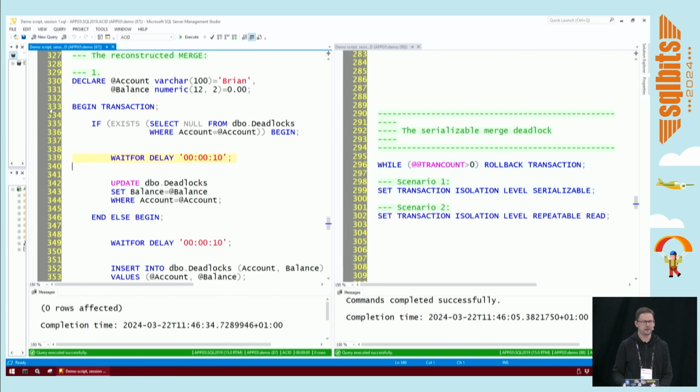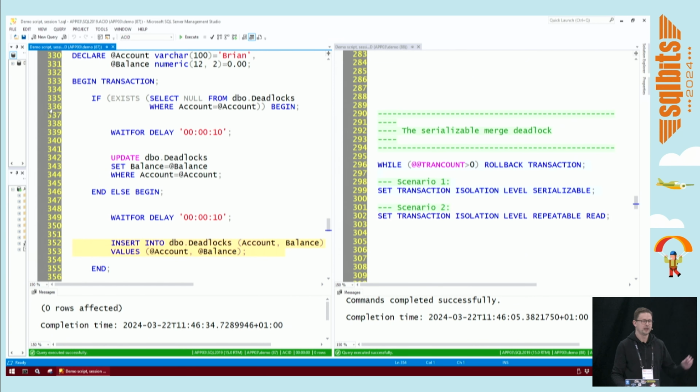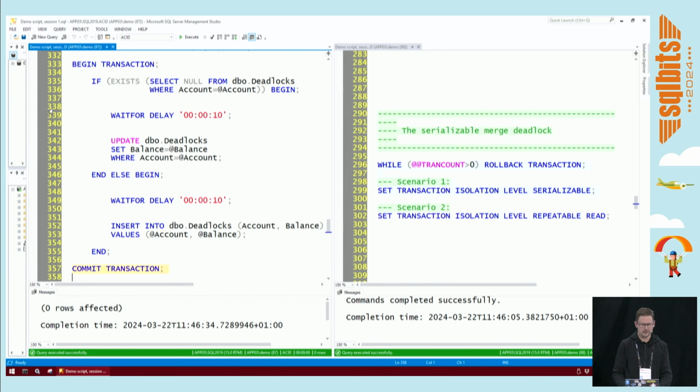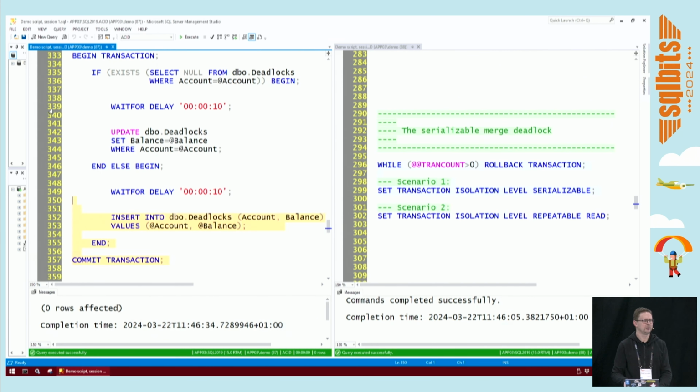Then I'm going to introduce an artificial wait to simulate the milliseconds or fractions of milliseconds. If the row exists, I'm going to update it. If it doesn't exist, I'm going to wait for 10 seconds, again, to simulate a slow system. And then I'm going to insert the row instead. End and commit.